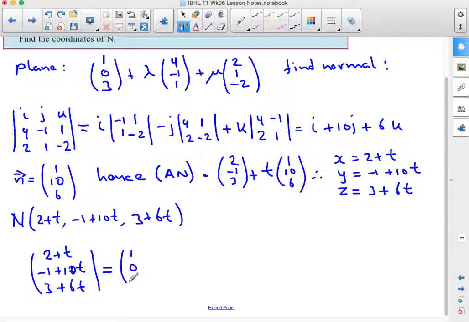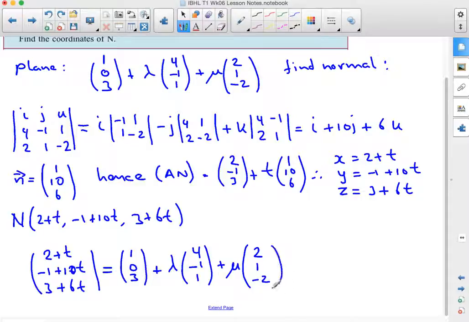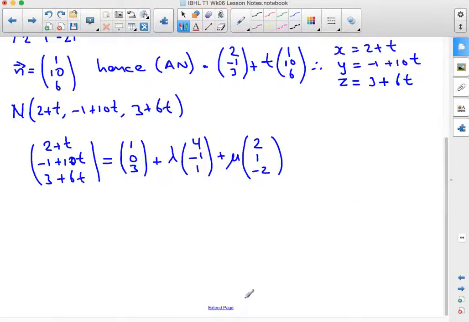1, 0, 3 plus lambda (4, negative 1, 1) plus mu times (2, 1, negative 2). Now, this is a little bit tedious because now we have to just expand the whole thing for x, for y, and for z.